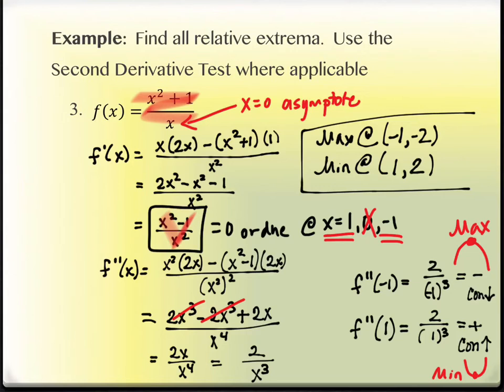So I have a max at -1, -2, and I have a min at 1, 2. So far, so good? Okay, it's a second way of doing the same thing, identifying whether I have a maximum or minimum value, just not with the sign chart in the first derivative, but with the second derivative.